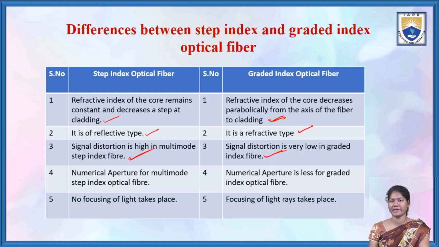The numerical aperture is high for multi-mode step index optical fiber, whereas the numerical aperture is less for graded index optical fiber.